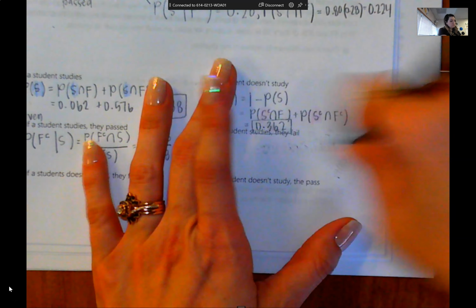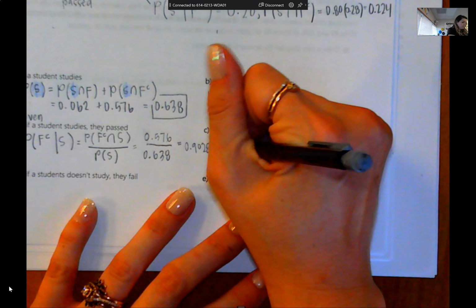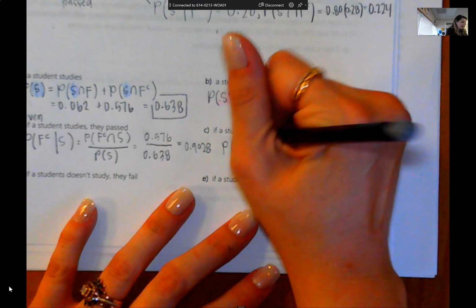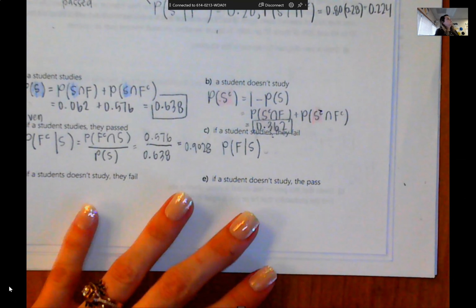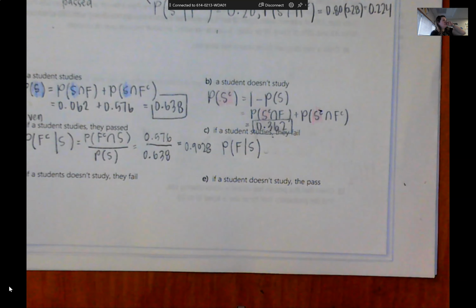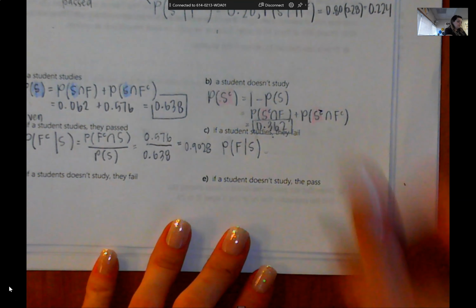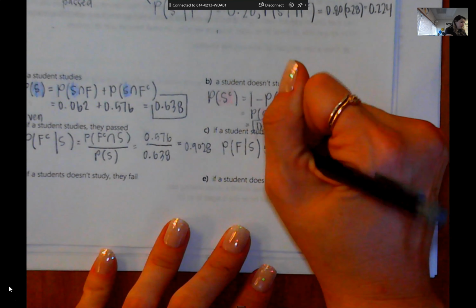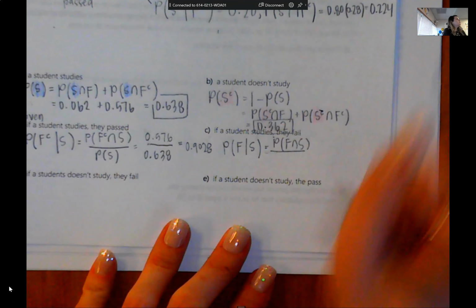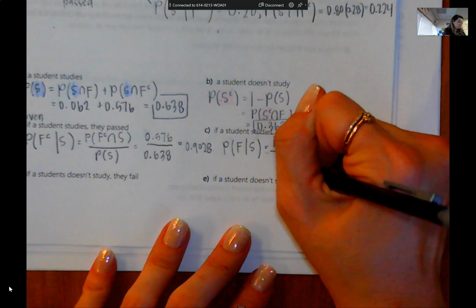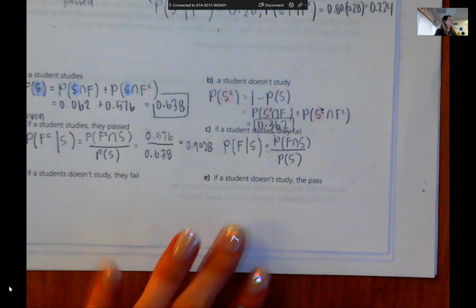Okay, next one. Probability that they fail, given they studied. So, probability they failed, given we know they studied. So we have to pull the probability that they failed and studied over the probability of all the kids that studied.